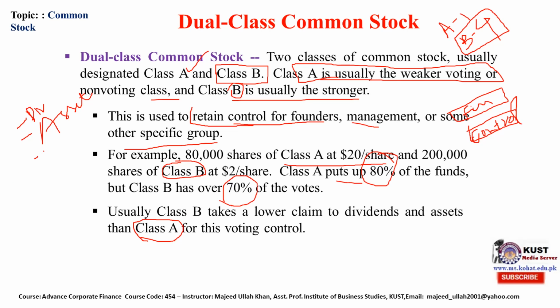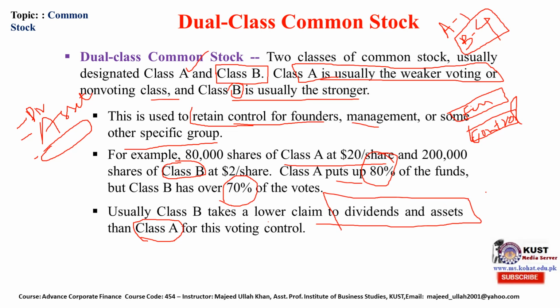Or maybe some other convertible properties are there in the Class A shares, but usually Class B takes a lower claim to dividends and assets.